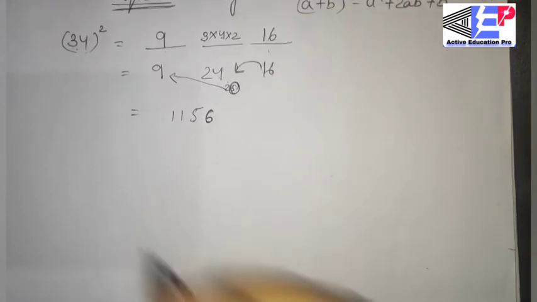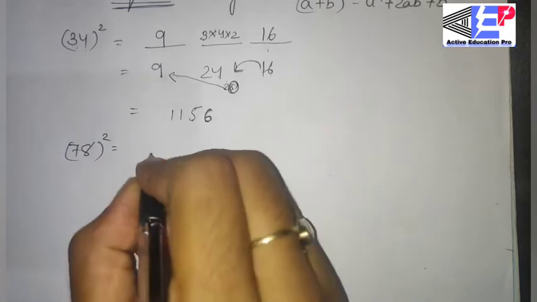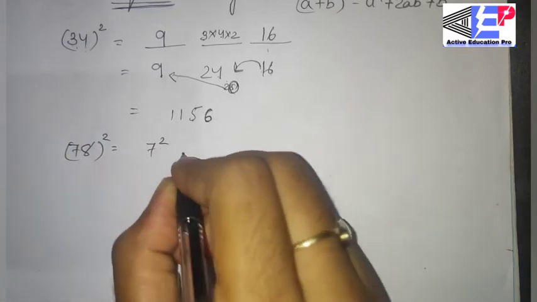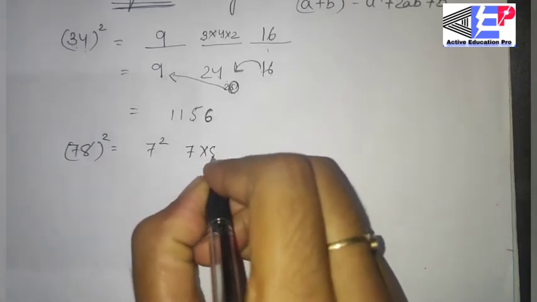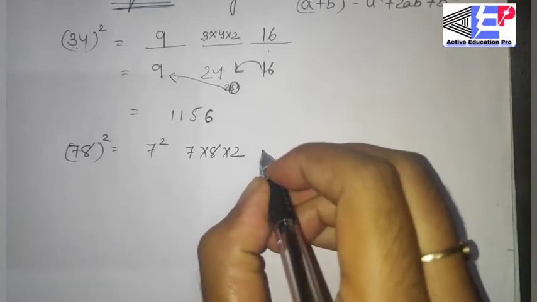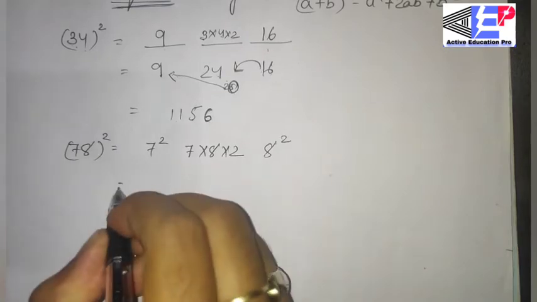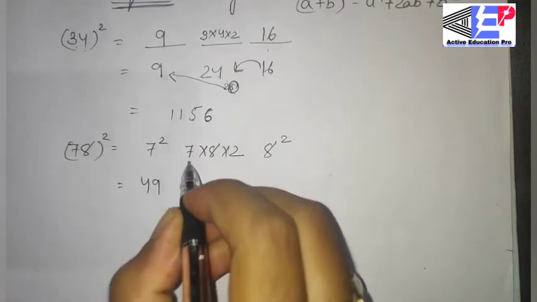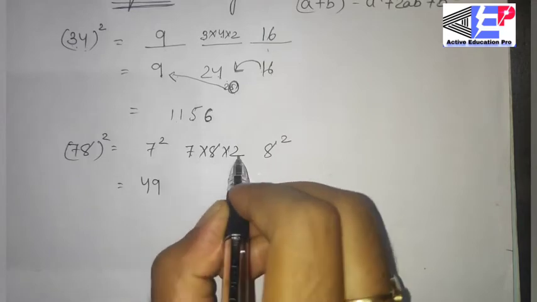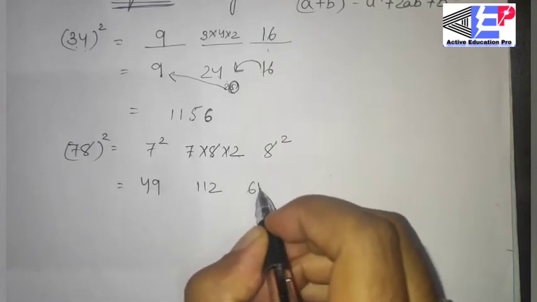Let's take another number to verify: the square of 78. You know very well this is 7 square, the middle position is 7 into 8 into 2, and the right part is 8 square. Here it is 49. 7 eights are 56, 56 twos are 112, and the square of 8 is 64.